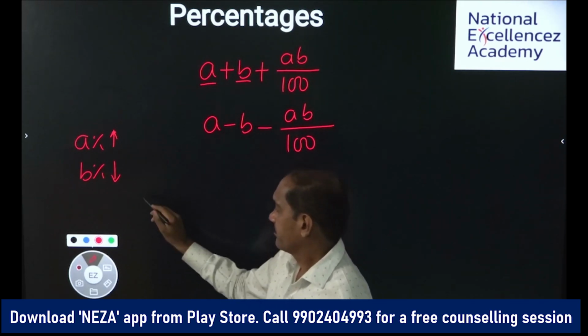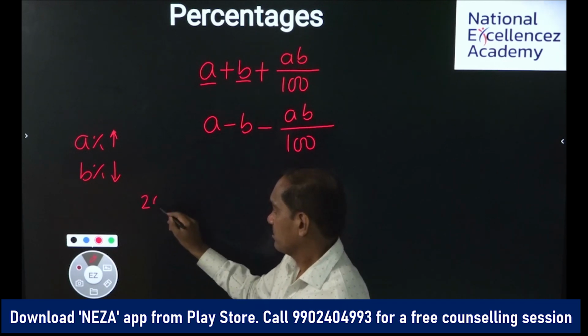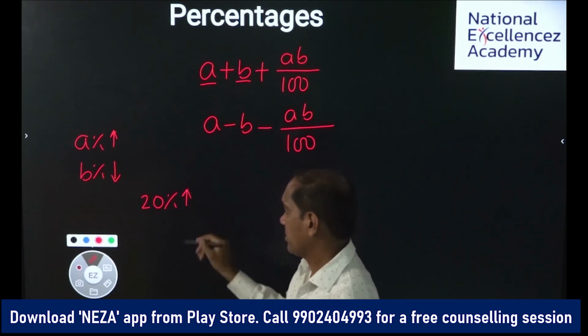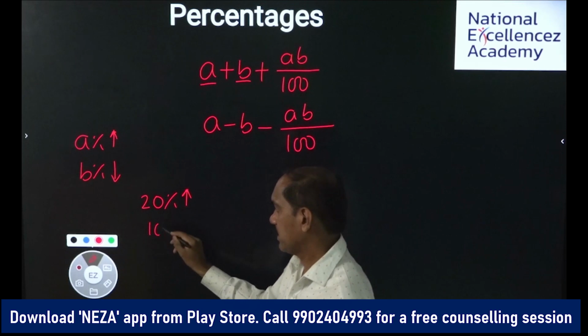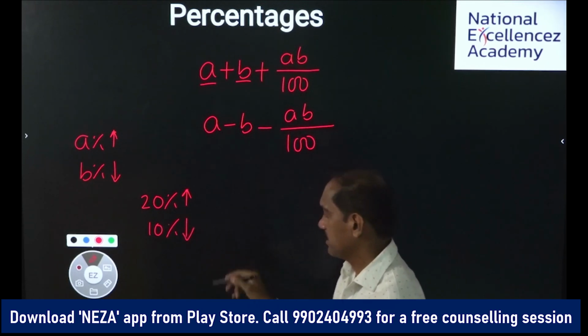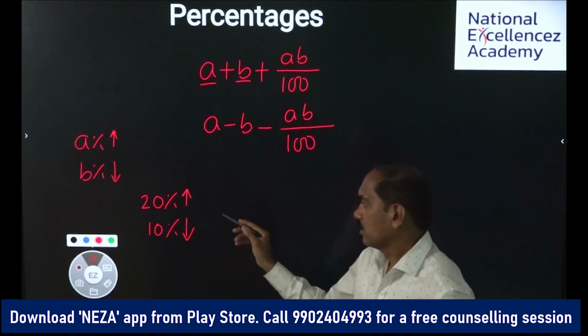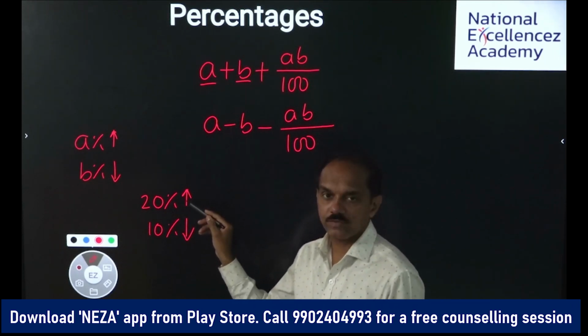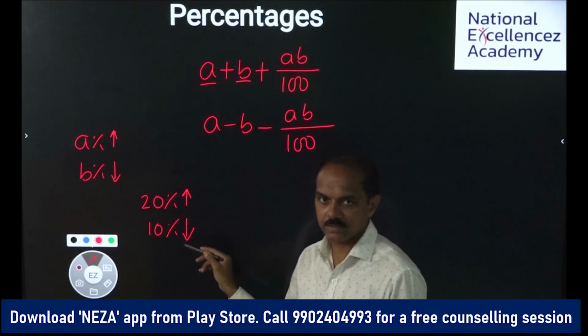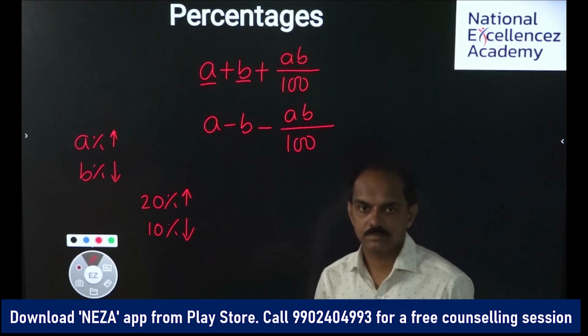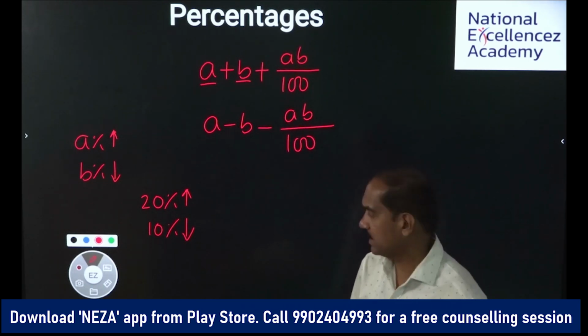So example, first we will increase the number by 20% and then we will decrease the number by 10%. What happened in the end? An employee's salary was first increased by 20% and then decreased by 10%. So what is the net change?